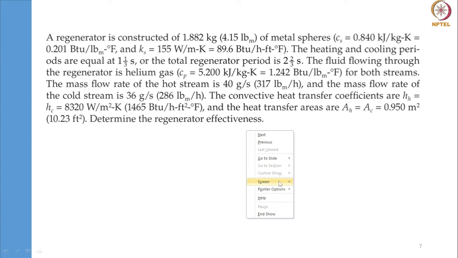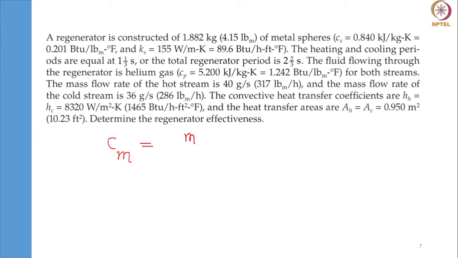the matrix capacity ratio. That means the matrix is also going to store some part of heat, which is a characteristic. So we are going to define it as mass of the matrix or sphere multiplied with specific heat of the sphere, divided by the total time P naught into C min. The C min is already known, 187.